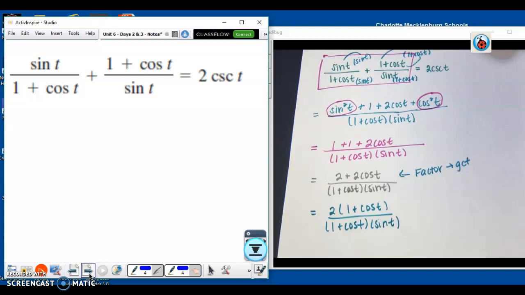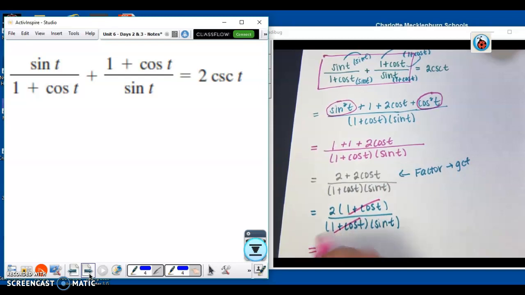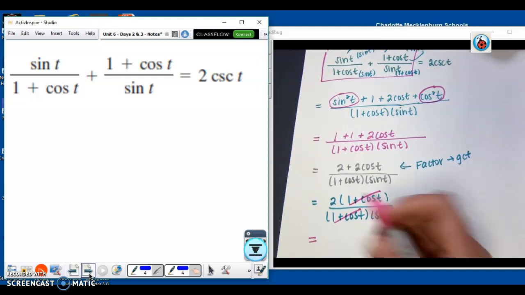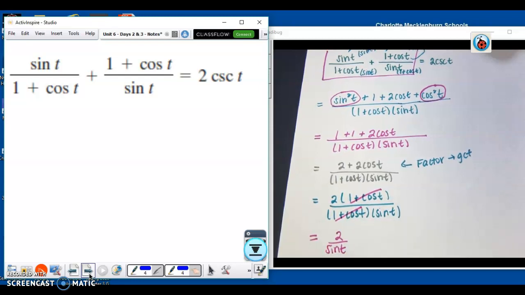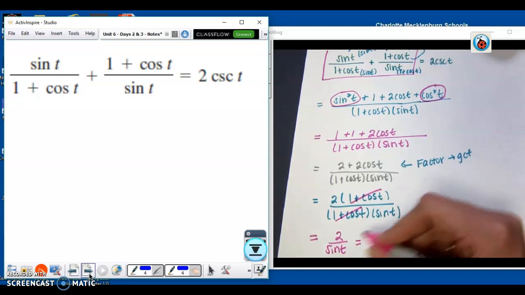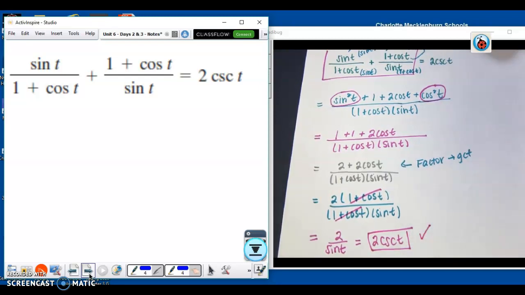That way, now that 1 plus cosine t can cancel. So you're left with 2 in the numerator over sine t. Well, we know that 1 over sine is cosecant. So we just have this extra 2, so it's just going to turn into 2 cosecant t, which is exactly what we were supposed to get on that right-hand side.